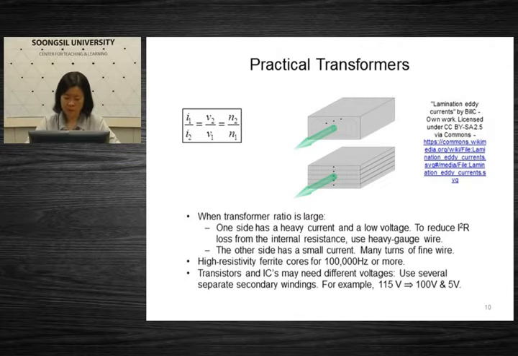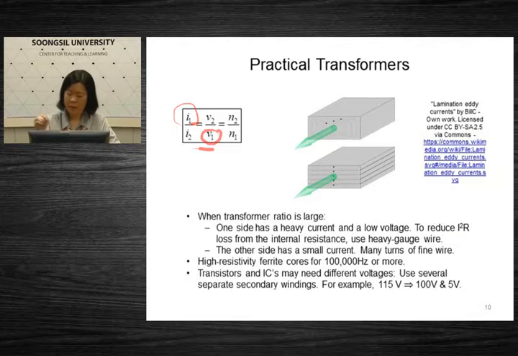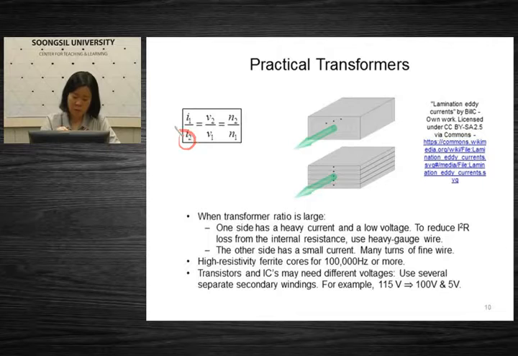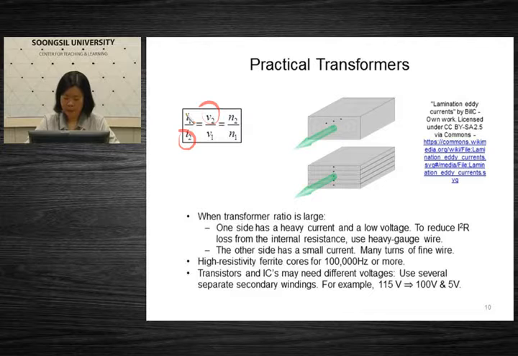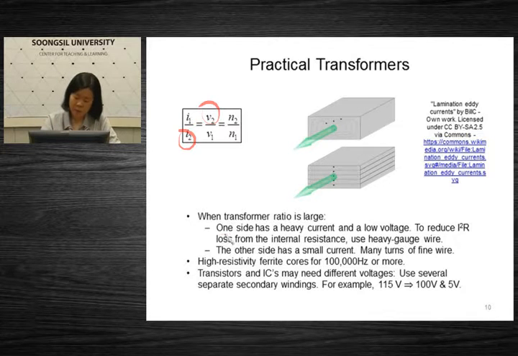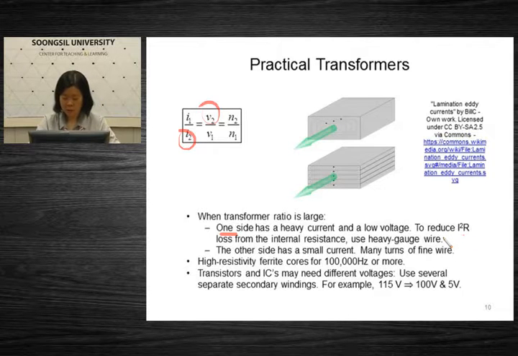Practical transformer. Let's look at this transformer ratio again. When the transformer ratio is large, that means one side has large current or low voltage, and the other side can have small current and large voltage. Now, when we have large current on one side, we may have large IR loss.